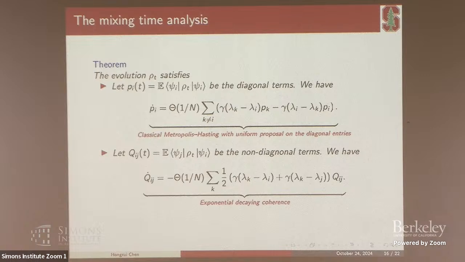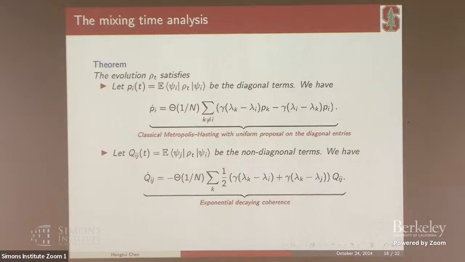The mixing analysis will be based on this observation: the evolution of the system can be decoupled into the diagonal terms and the non-diagonal terms. This is because we have the randomness structure, so many of the terms are cancelled out, and the only things that remain are the diagonal and non-diagonal terms.